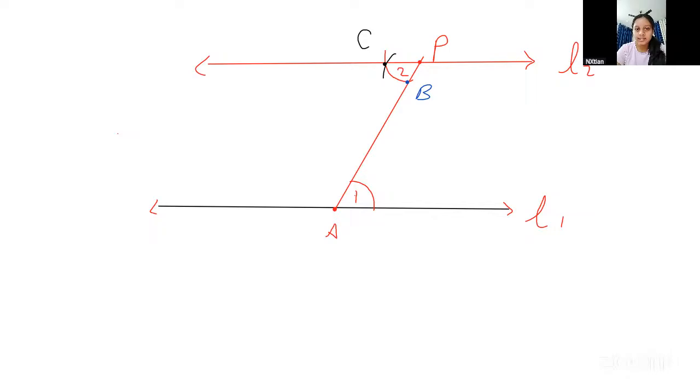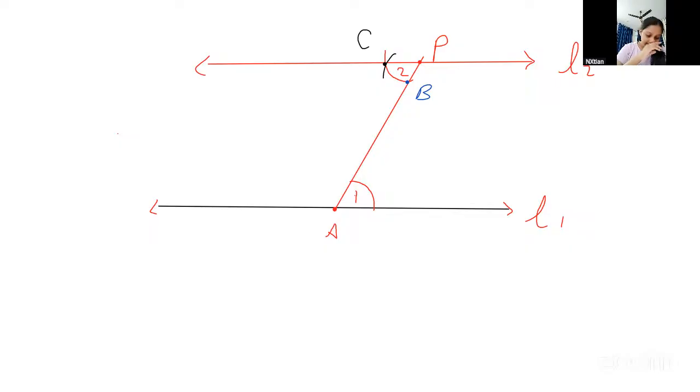Take A as center and convenient radius. Draw an angle marked by taking P as center, same radius, cut PB at C. From P, you cut the arc C and make a line.